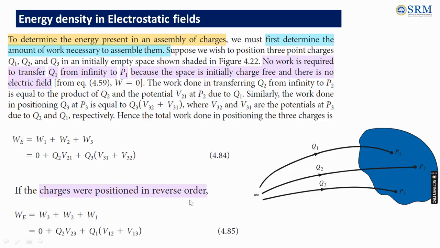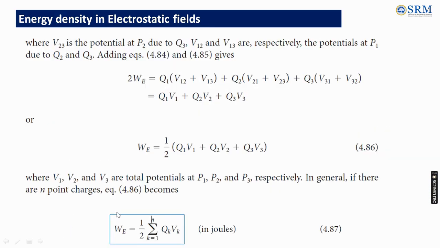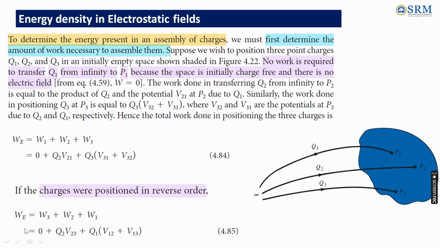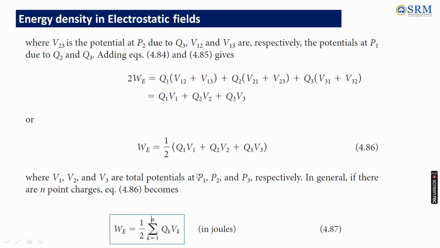So I can write two such equations, and I can add these two. At the left hand side we get 2WE, at the right hand side we get Q1 into this term, Q2 is common here, Q2 into V21 plus V23, Q3 into V31 plus V32. So I'm just writing V12 plus V13 as V1, V21 plus V23 is V2.